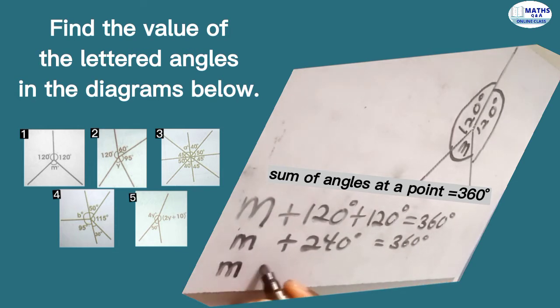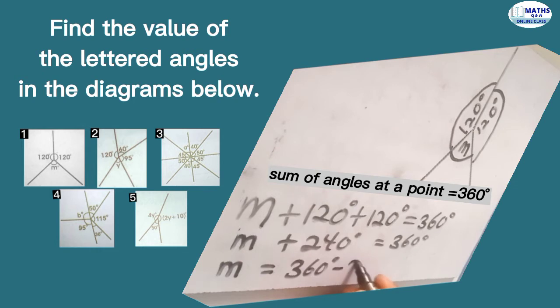Now M is equal to, we group like terms, so we have 360 here. We send the 240 to the other side, 240 degrees. Now 360 minus 240 will give us what? M is equal to 120 degrees. So this becomes the value for M in this diagram.